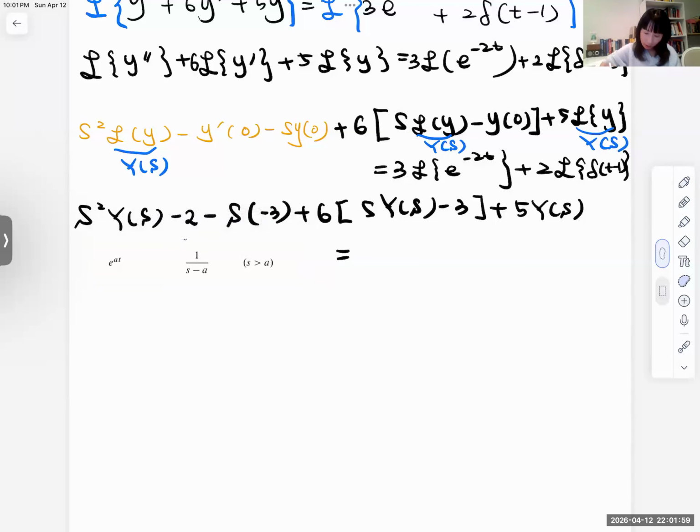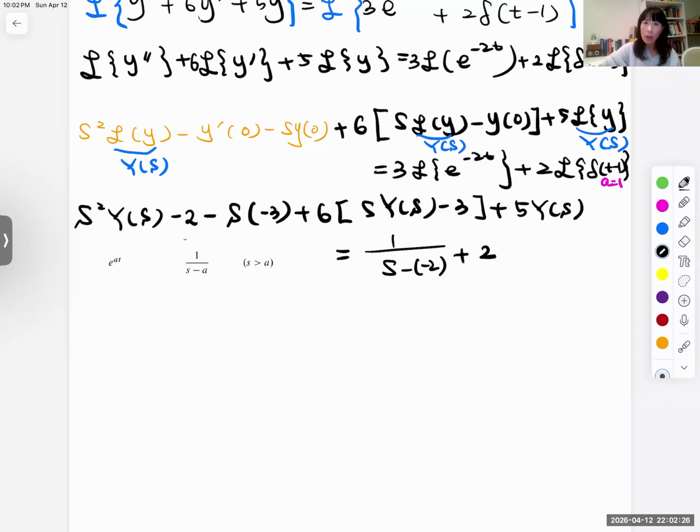Then it's 1 over s minus a. A in this case is negative 2, from negative 2t. So negative 2.